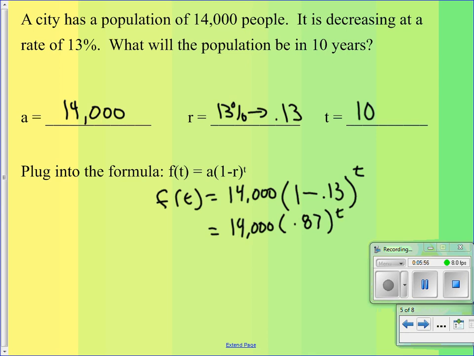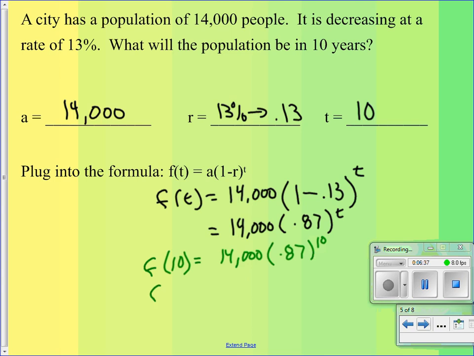So we can plug in any time we want for future populations. Instead of t we want to plug in 10 years, so f of 10 is going to equal 14,000 times 0.87 raised to the 10th power. The 10 only affects the 0.87, not the 14,000. Plug it into the calculator just as I wrote it: 14,000, parentheses, 0.87, parentheses, raised to the 10th power.